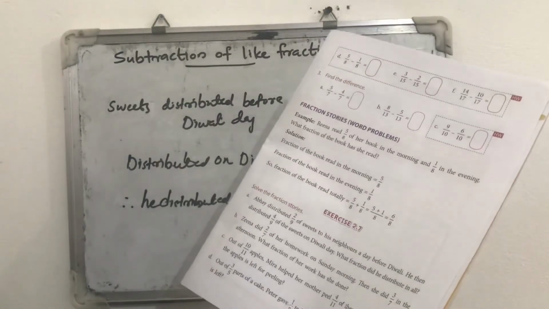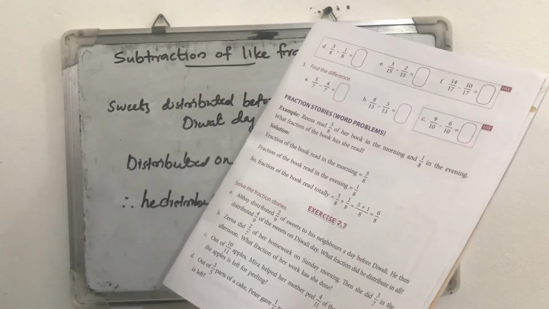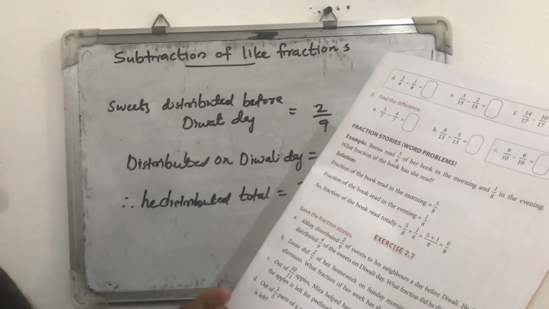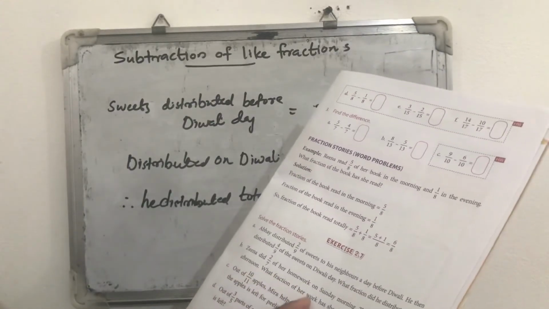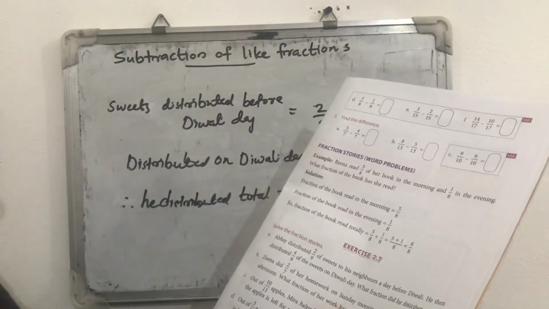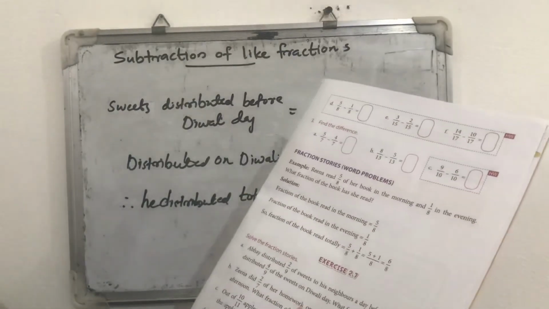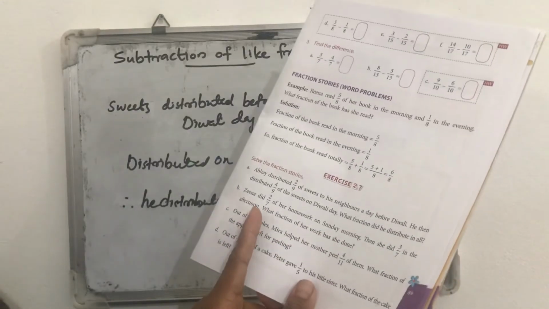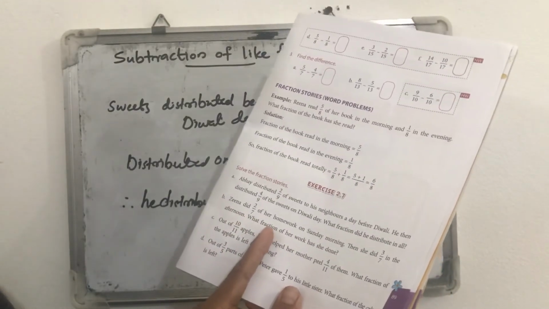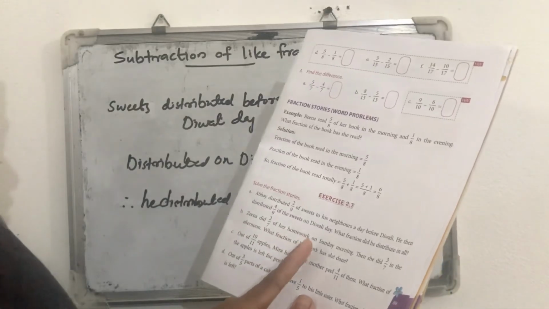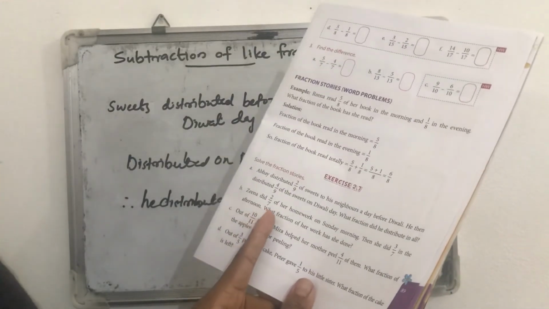So how can we write the steps? First we write: Zeena's homework done on Sunday morning equals 2/7.